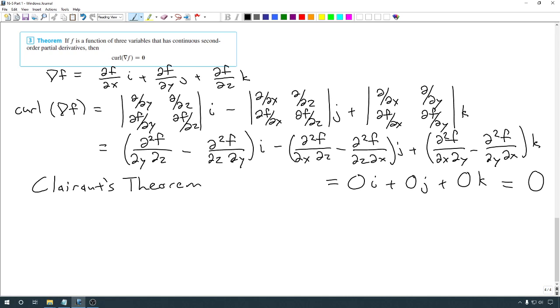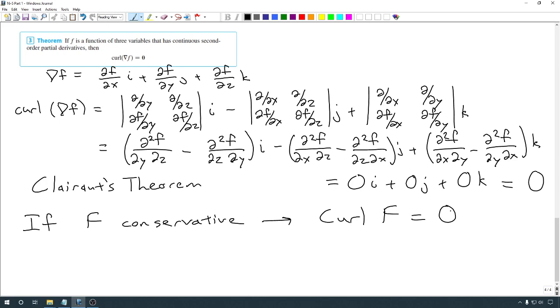What this actually means, remember that a conservative vector field is one that is the gradient of some potential function. If F is conservative, then its curl has to be 0. Automatically, just because F equals nabla f for some little f, and then the curl of that has to be 0.